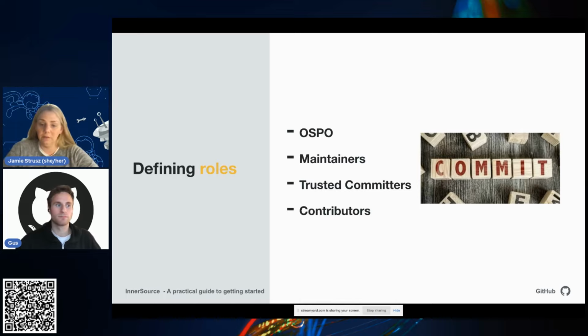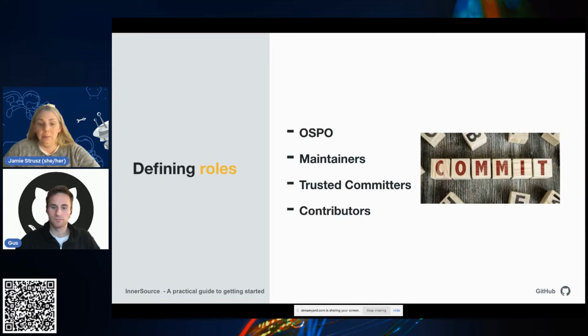They have a higher level of risk with the actions that they're doing. And then the contributors could be a part of that community or maybe not. They might be working on something for their own project to unblock it, or maybe their team needs something in that product added. But it's essentially like they're a guest, and they may or may not stay, and they could potentially become a trusted committer or maybe not.